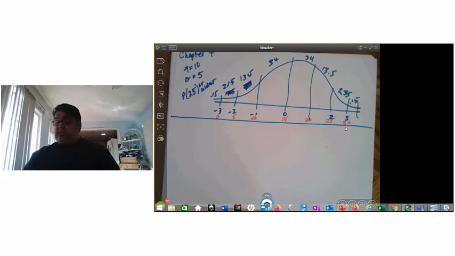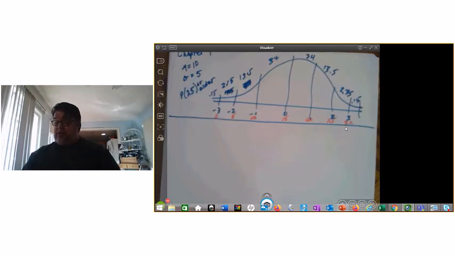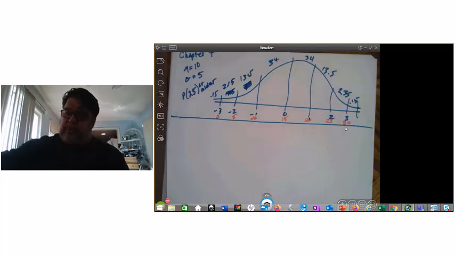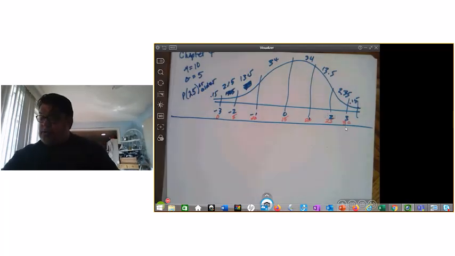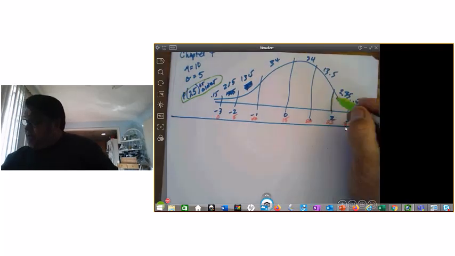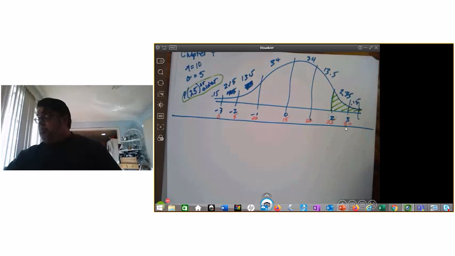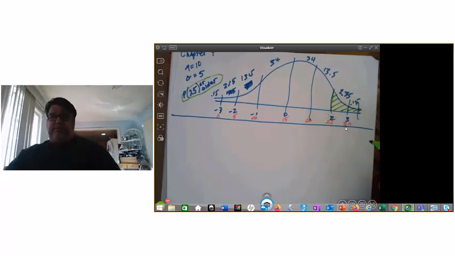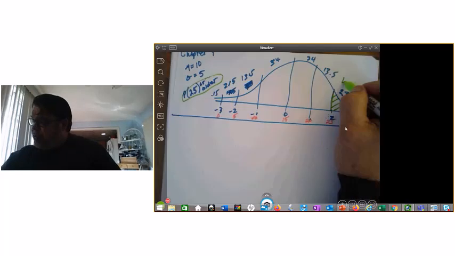And they ask you, what is the probability of 25 or older? And you go, okay, 25 or older would be this area right in here. And by the empirical rule, that would be 2.5%.